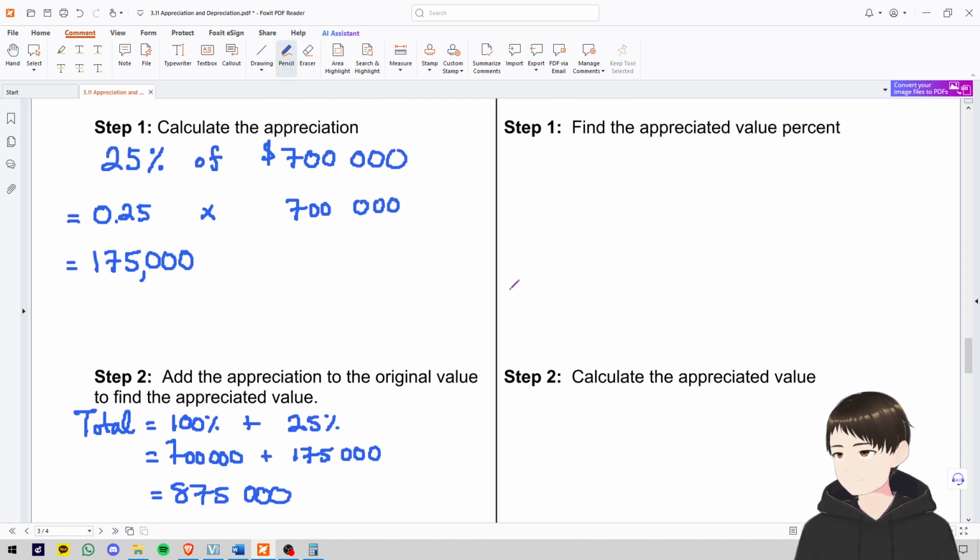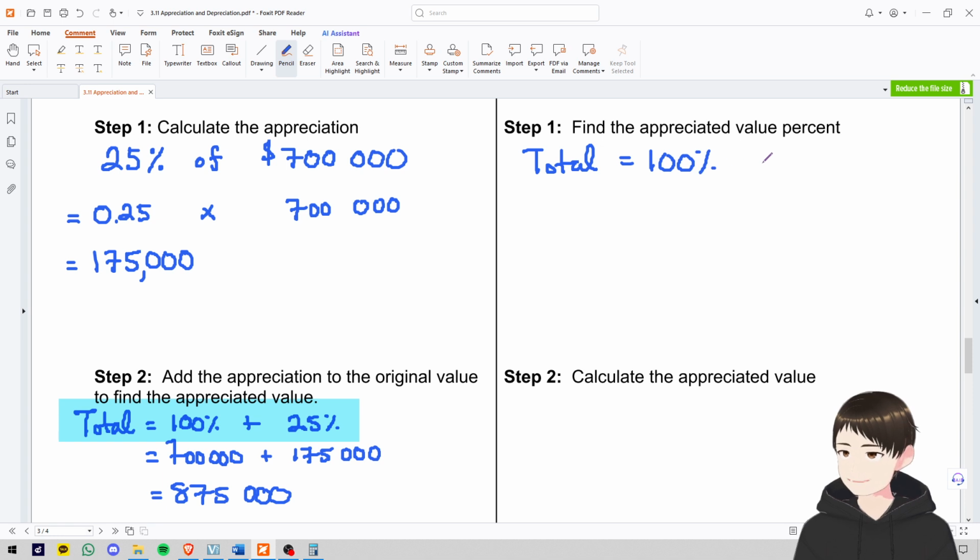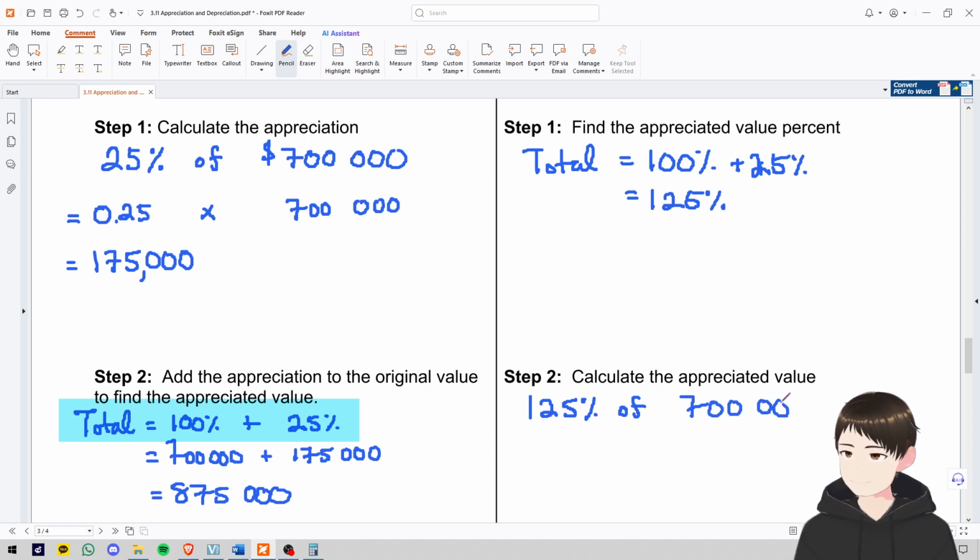Flip mode. Sometimes, instead of calculating the price itself, you can calculate the percentage first. So find the appreciated value percent. It's just as before. The total is 100% plus 25%, which is obviously 125. So what is the 125% of 700,000?